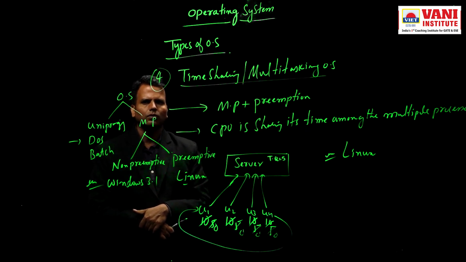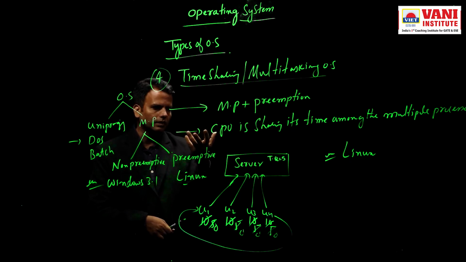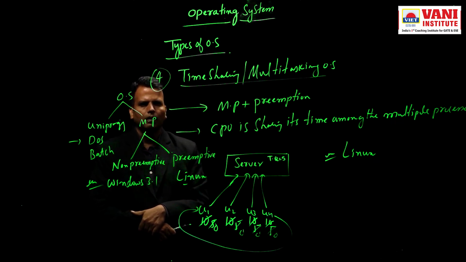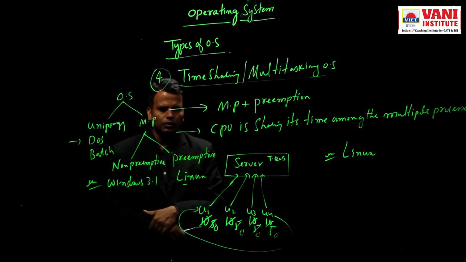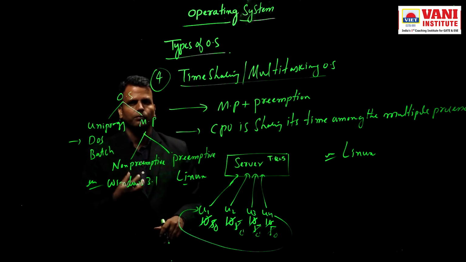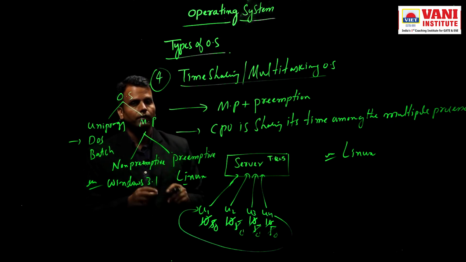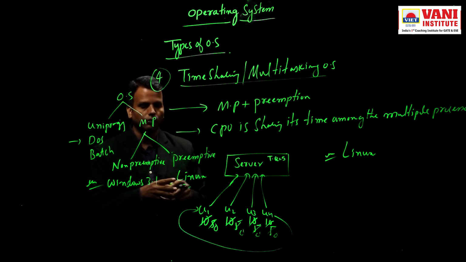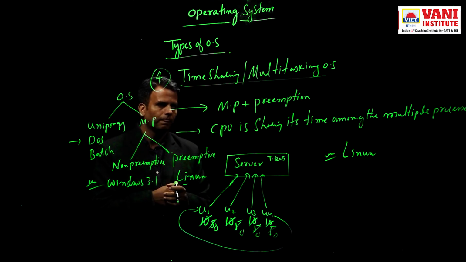So all these three, UniProgramming, batch operating system and multi-programming operating system, had the main focus on whether we can keep the CPU busy or not. We want to keep the CPU as busy as possible to increase performance.